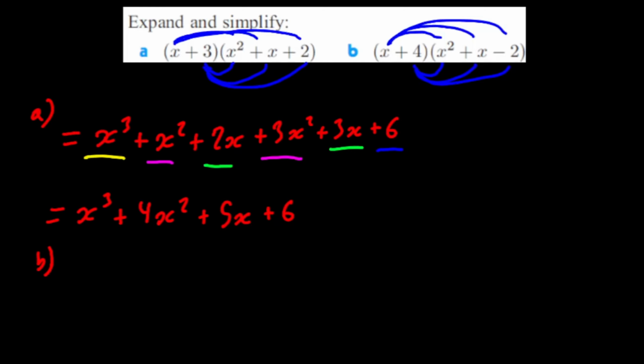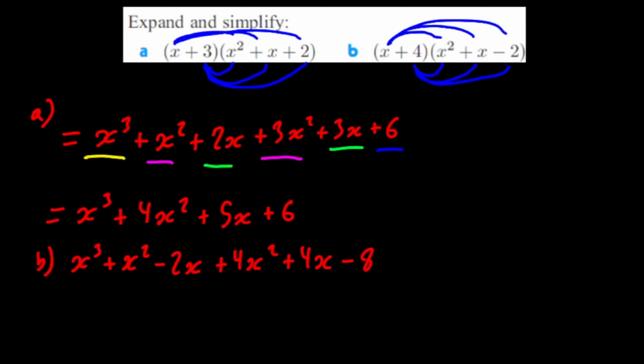And we get x times x squared is x cubed, x times x is x squared, so plus x squared, x times negative 2 is negative 2x. 4 times x squared is plus 4x squared. 4 times x is plus 4x. And 4 times negative 2 is negative 8.